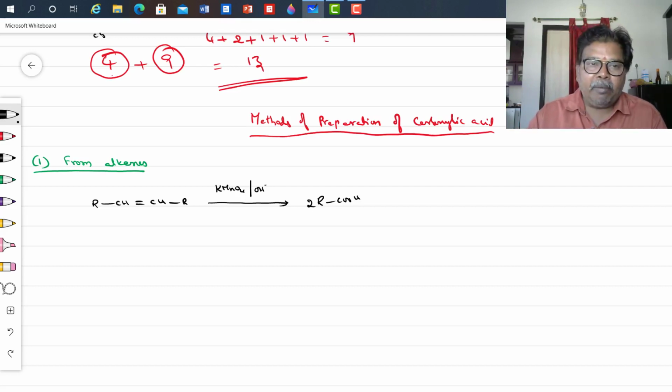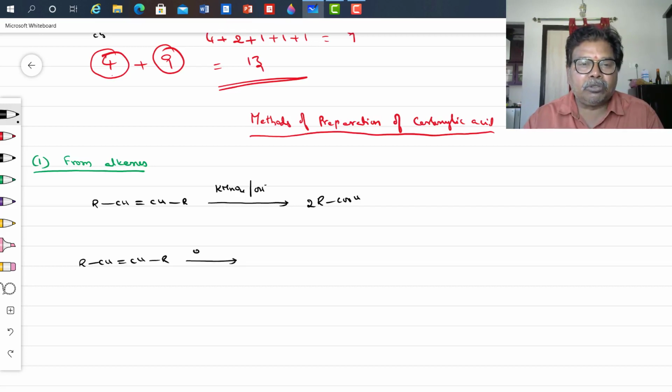See here, I am giving a shortcut method. You already studied the ozonolysis reaction. Suppose RCH=CHR is treated with ozone followed by hydrolysis in the presence of zinc, that is reductive ozonolysis. What products will you get?